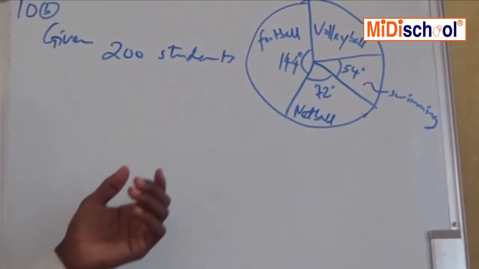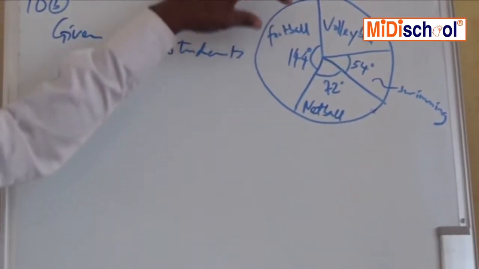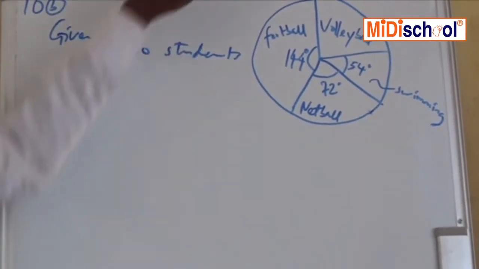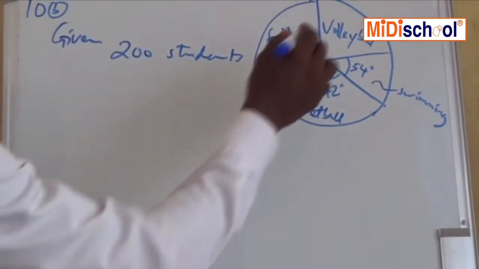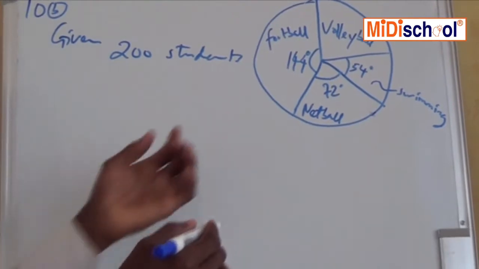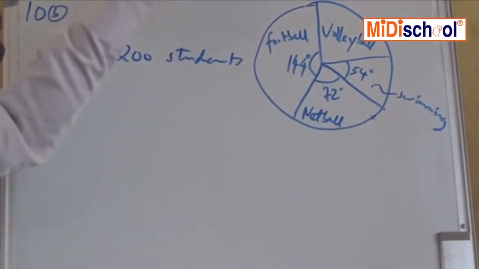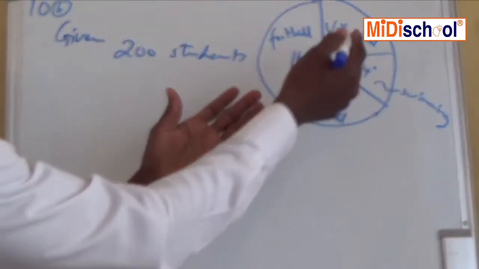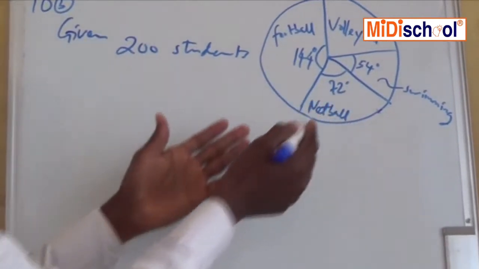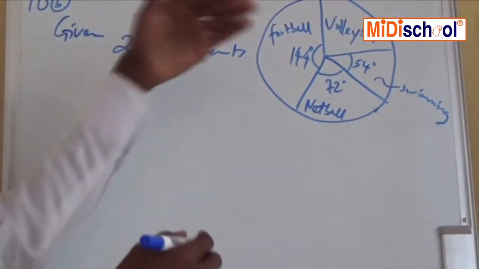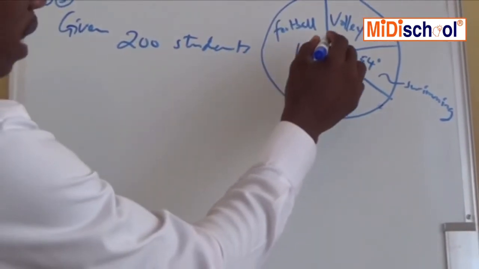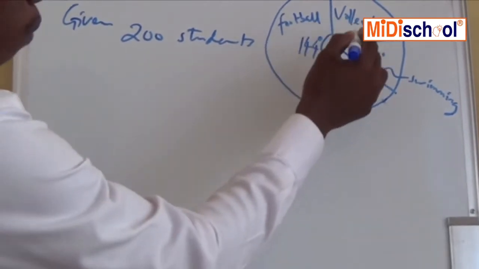And we are now asked to find, from the pie chart presentation, how many students participated in football, volleyball, swimming and netball. But before going further, we just have to find the degrees of the volleyball.